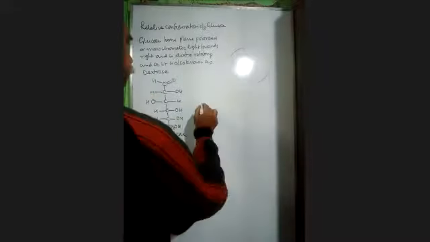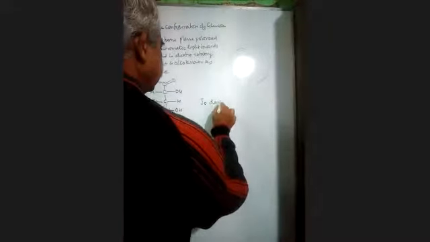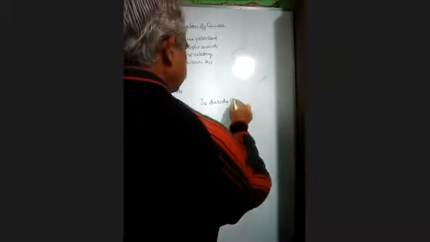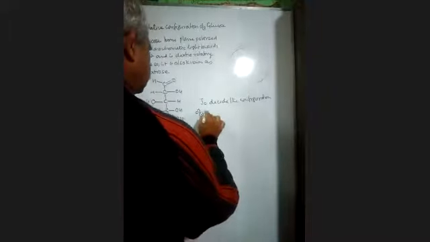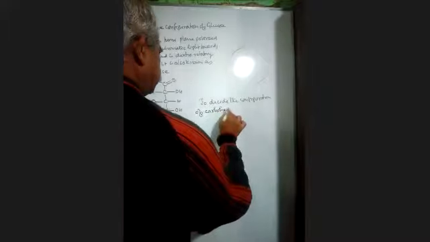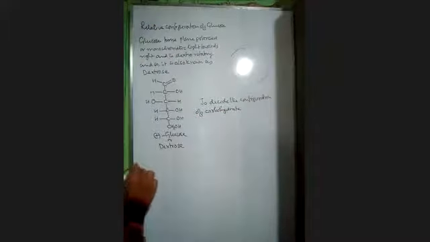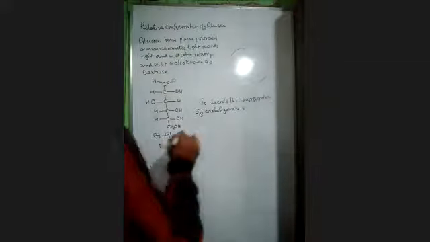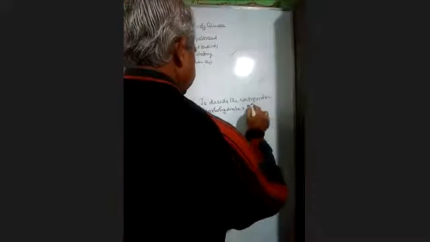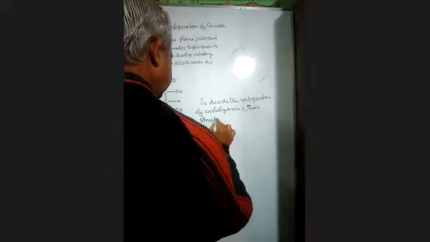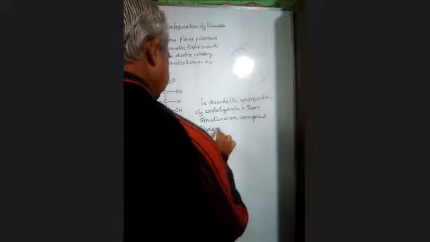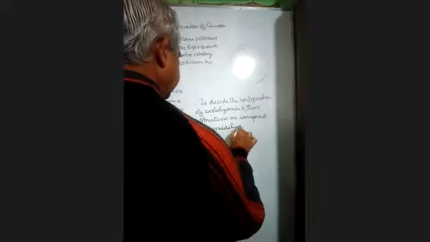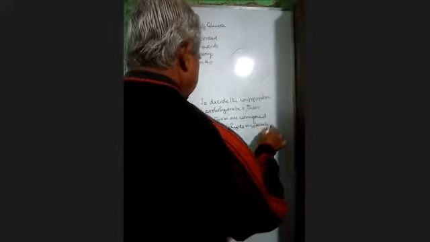Okay. So to decide the configuration of carbohydrates, their structures are compared with the glyceraldehyde molecule.